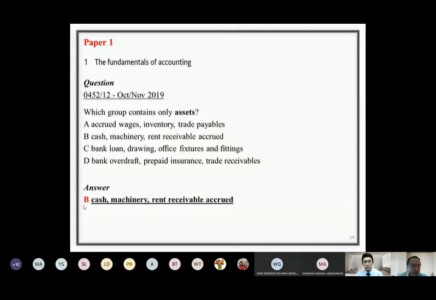So here it will be B. These are the examples that I've given in my notes. Cash is something that you own. You own the machinery, plant and machinery that I mentioned in my notes. Rent receivable accrued: rent receivable is actually other debtors or other receivable, money that you're going to receive. So it's owed to a business, and this falls into the definition of what is an asset.